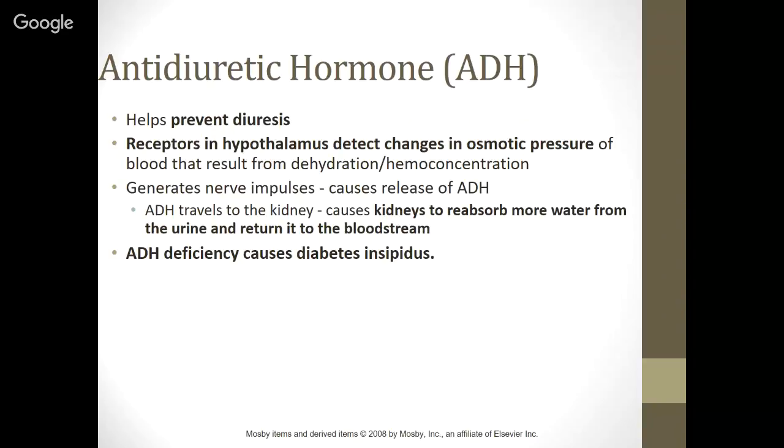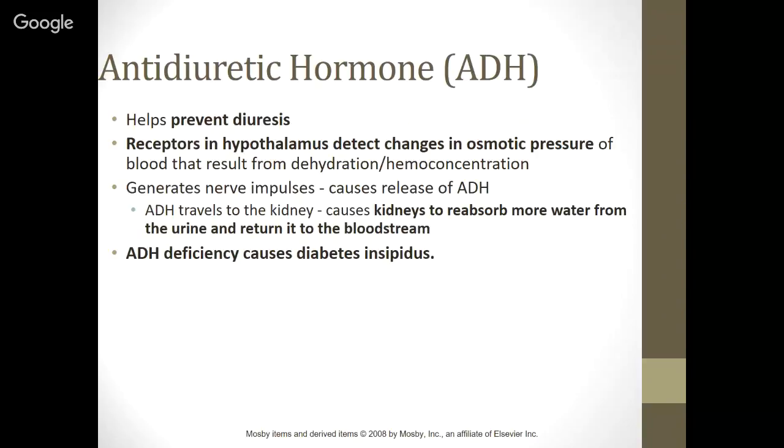ADH travels to the kidney and causes the kidney to reabsorb more water from the urine and return it to the bloodstream. ADH deficiency, when we don't have enough ADH, causes a disease called diabetes insipidus, not diabetes mellitus, which is a disease of glucose regulation.